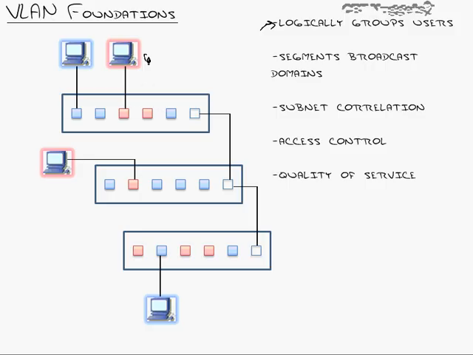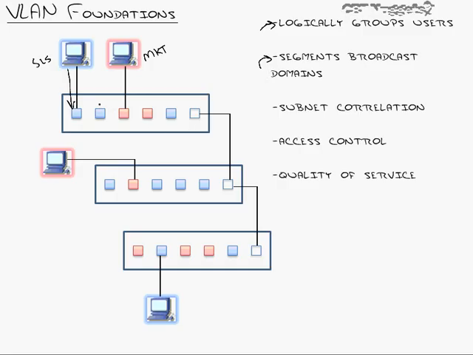So over here, imagine that we had two groups of users in our organization, the marketing group, surrounded by pink, and the sales group, surrounded by blue. What I could do with VLANs is actually group those people together, where the blue ports are now isolated to the blue ports. And this is the most accurate statement here. It segments their broadcast domain.